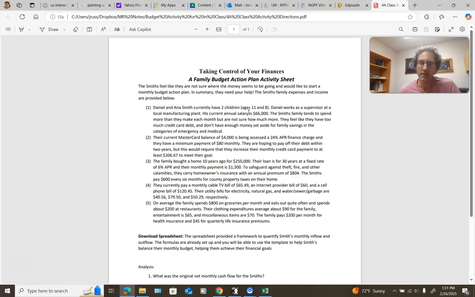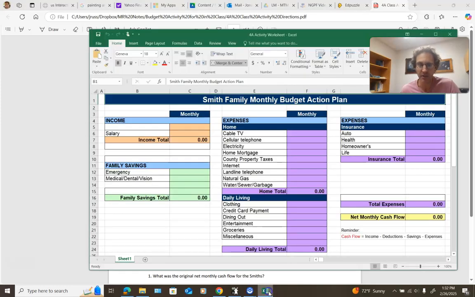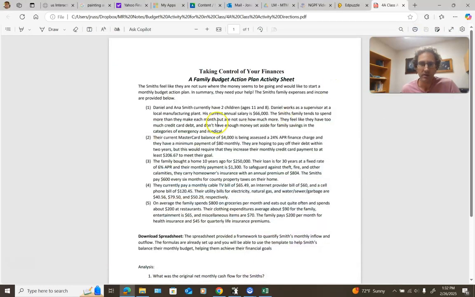And furthermore, guys, some of these expenses or even sources of income may need to be prorated to a monthly basis, okay, because this is a monthly budget that we're working on. It says Smith Family Monthly Budget Action Plan, okay? And you could even use this particular file to make your own budget. All right, well, let's start reading this.